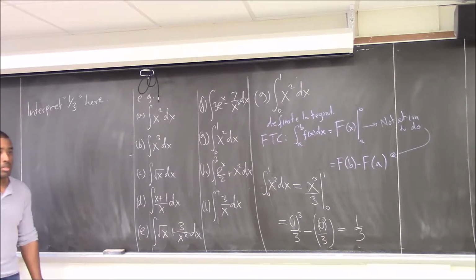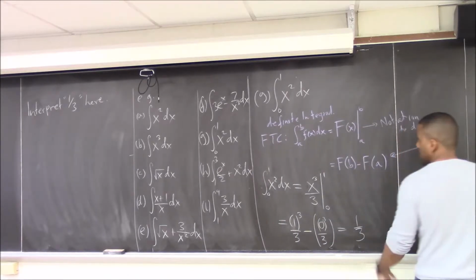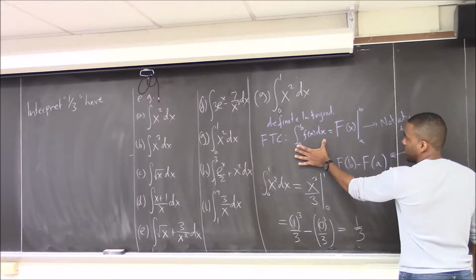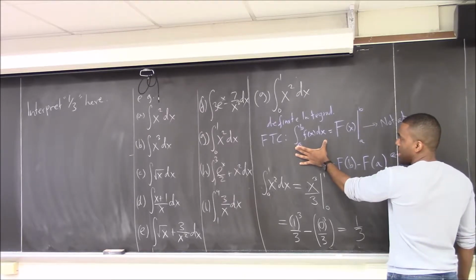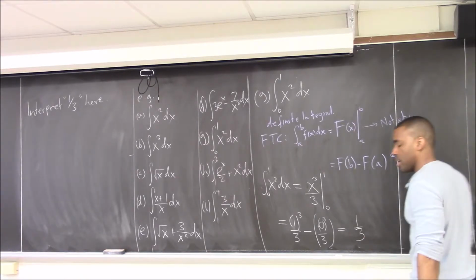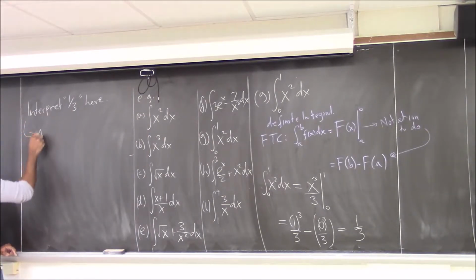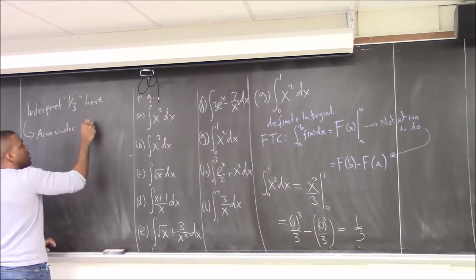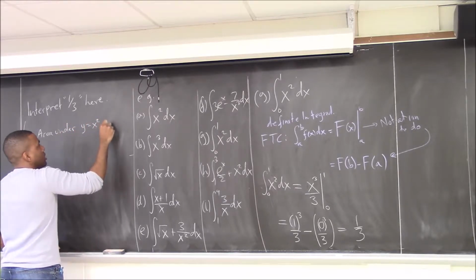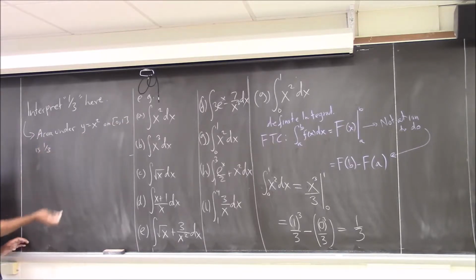Is it the area under x between 0 and 1? Right, the area under the curve. That's what this meant, right? Last class we introduced this as being symbolically what this is saying. This is the area under f of x between a and b. So this basically means that the area under y equals x squared on 0 to 1 is 1/3 in whatever units you're using.